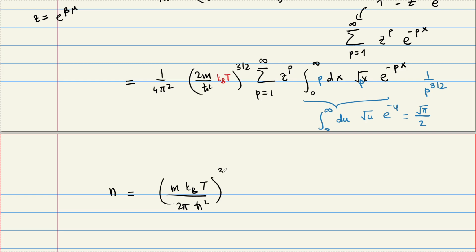And g p of z is equal to this expression: the sum over p equal to 1 to infinity of z to the p divided by p to the 3/2.